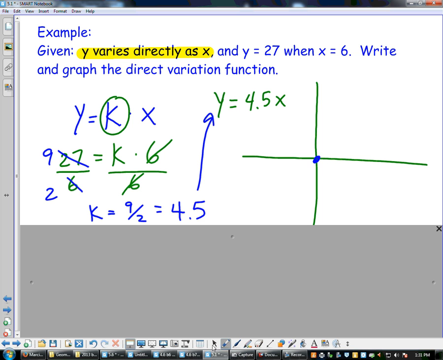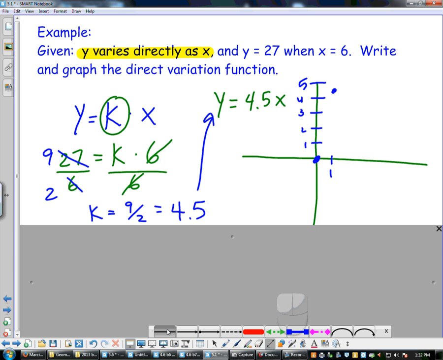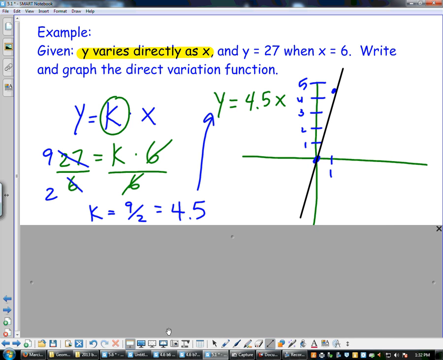We know it goes through 0, 0, and if we plug in, for example, 1, we would get 4.5. There's 1, 1, 2, 3, 4, 5, and we get 1, 4.5. So the graph would look something like this.